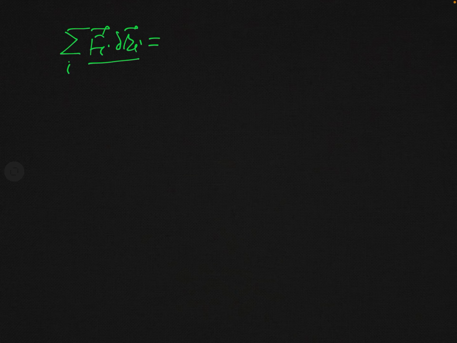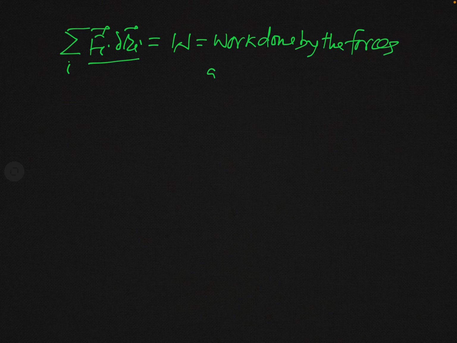But when you take summation, it means this is the work done by the forces acting on the system. So we represent it by the symbol W, and this is the total work done by the forces acting on the system.